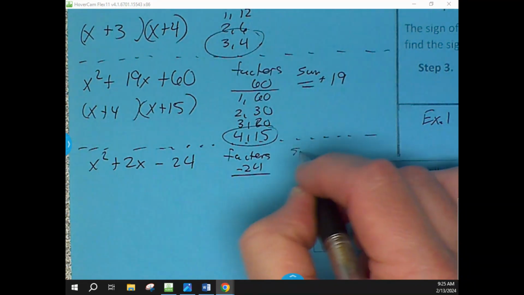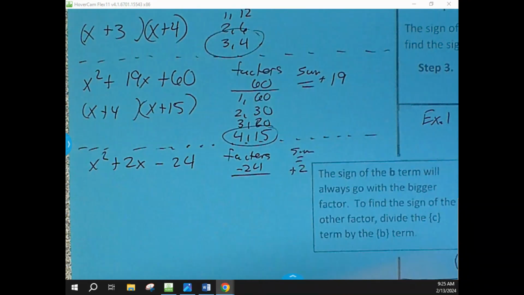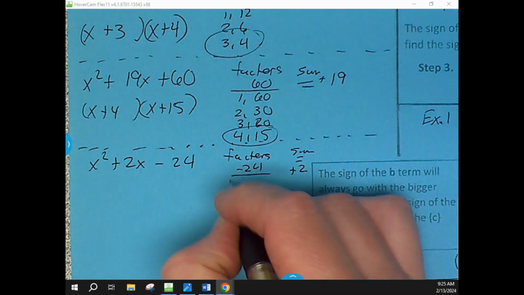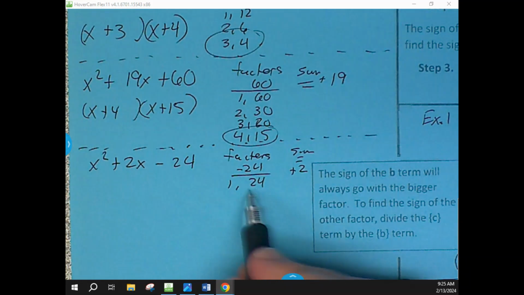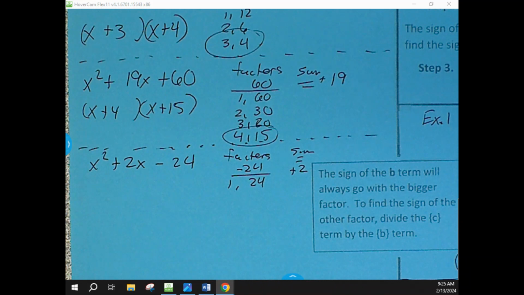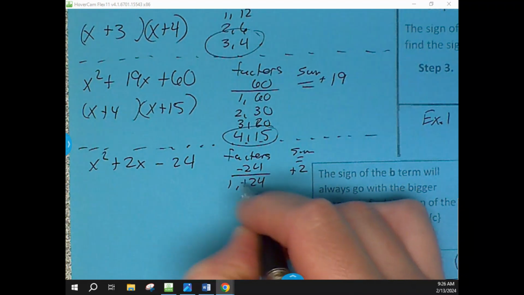We need the sum to equal positive 2. Okay, and again, when you've got your negatives involved, just use your first. We know it's not going to be 1 and 24 in this case because the answer is not 23. If we're subtracting these two, it would be 23. If we're adding these together, it would be 25. So we know it's not going to be 1 and 24. But we just need to have it so our signs are correct. The B term is positive, so the bigger number is still positive.